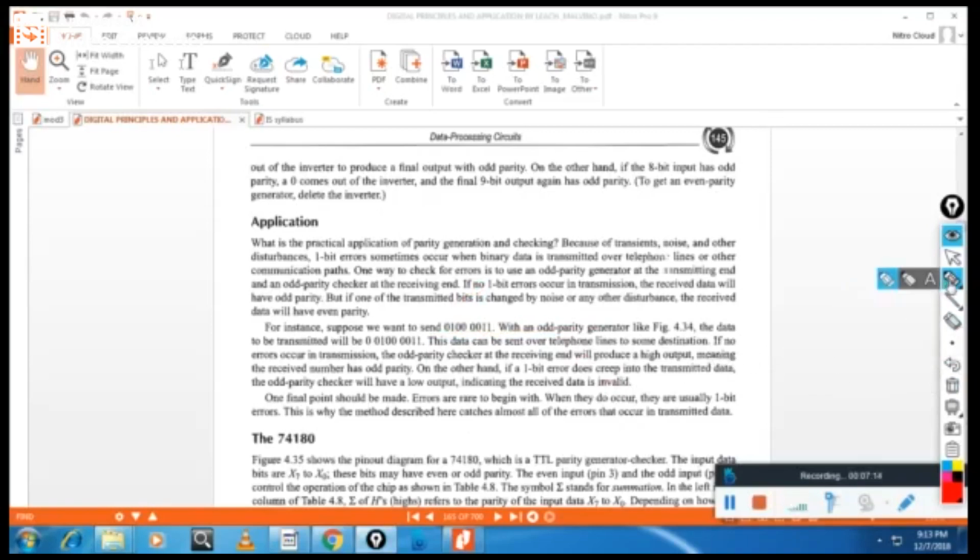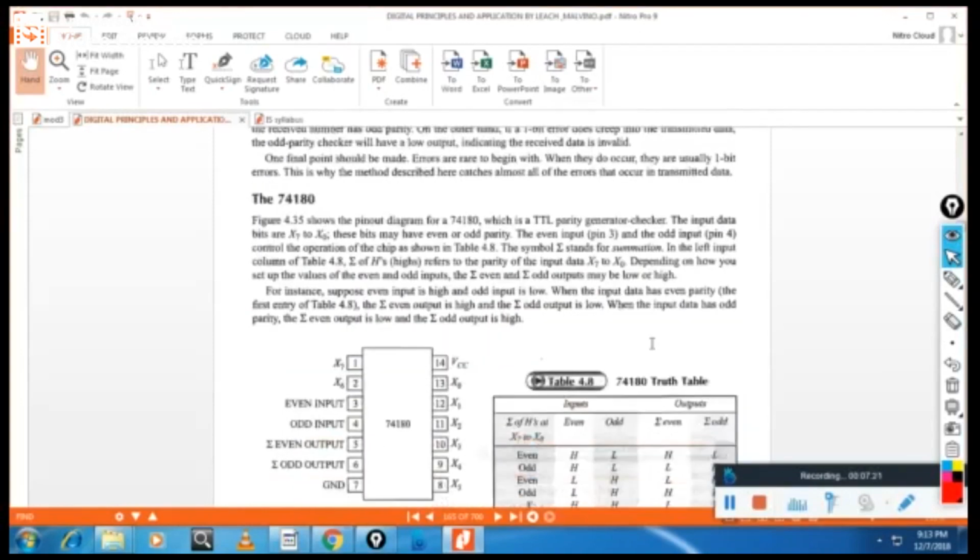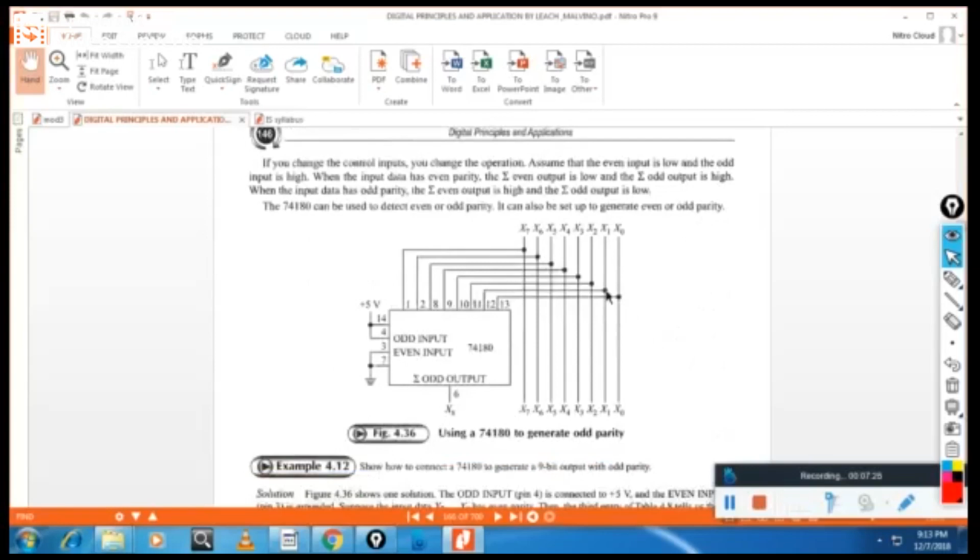Now the IC 74180 can be used as a parity generator. You can see the pin configuration of the IC 74180, and how it can be used as a parity generator. It contains an odd input and an even input. That means you can set this IC as either an odd parity generator, as I told earlier, or an even parity generator.